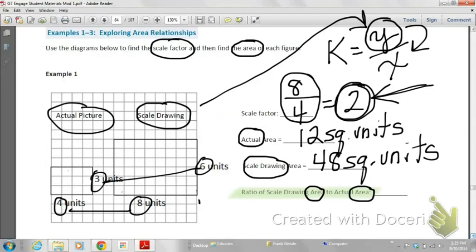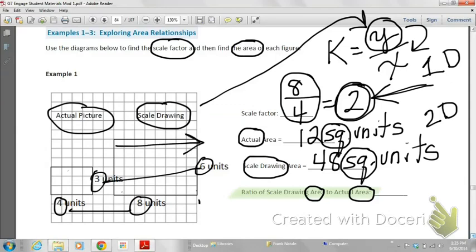Remember, that was what we call 1D, or a one-dimensional comparison. Here, when we talk about square units, we are talking about 2D. Now we're talking about a two-dimensional figure, because it has both length and width to account for, whereas the one side has only length.